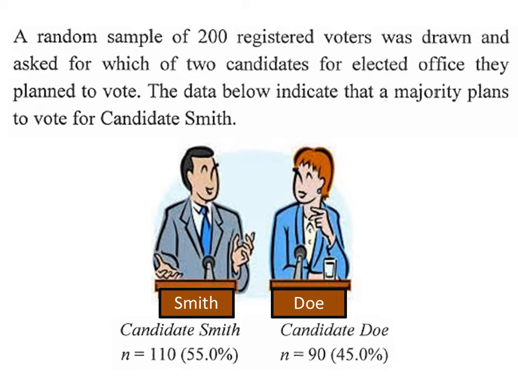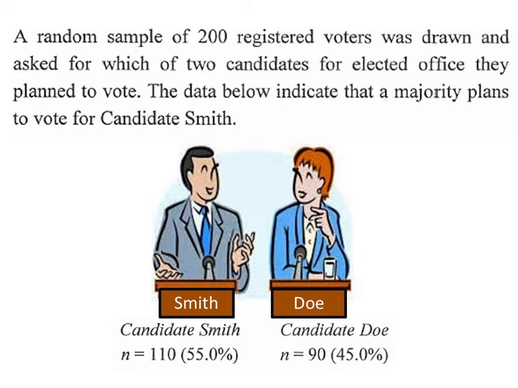When we calculate the percentages of the 200, you see 55% for candidate Smith and 45% for candidate Doe. While the data suggests that candidate Smith is preferred, let's remember that this is only a random sample of 200 of the registered voters.